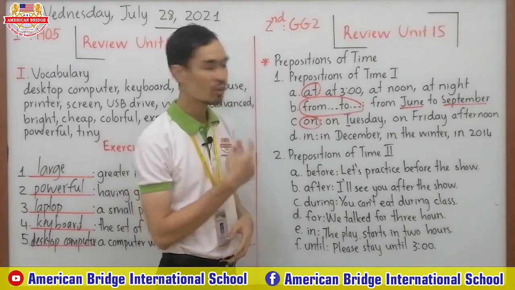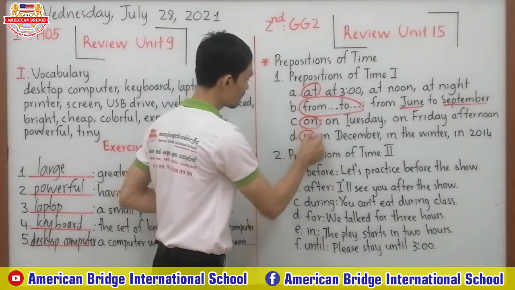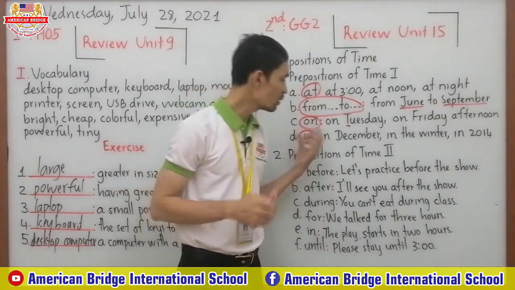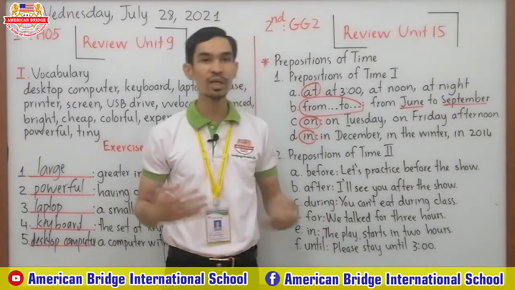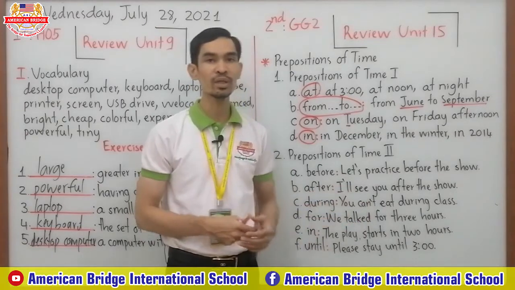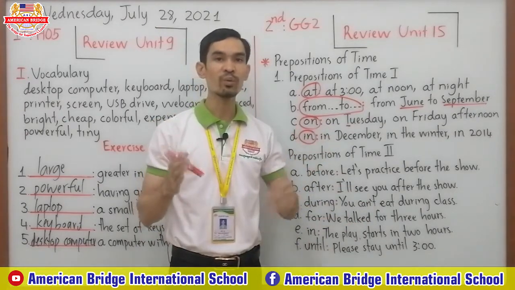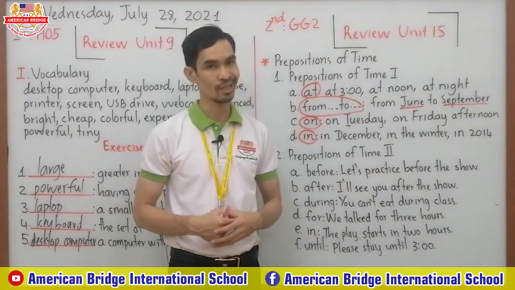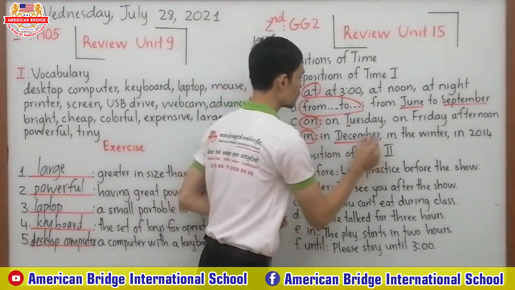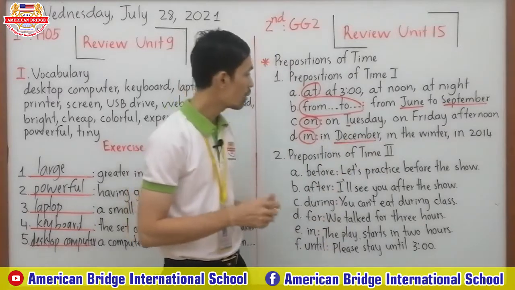Let's continue to one more preposition, "in". For "in", first we use it with months, like in December, in January, in February. When you use a month, you have to use the preposition "in", okay? How about this one?